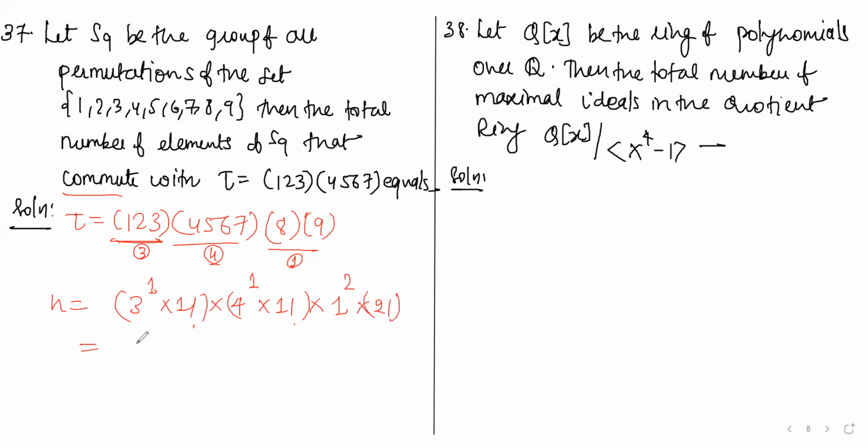Just multiply them, so you get 3 into 4 into 2. So 4 into 3, 12 into 2 will give me 24.